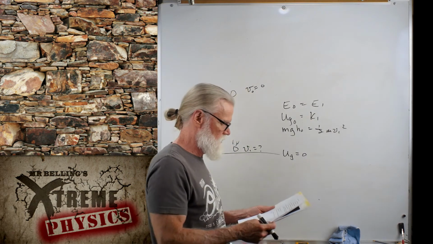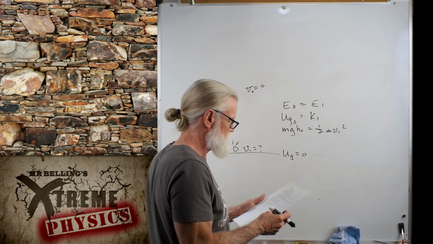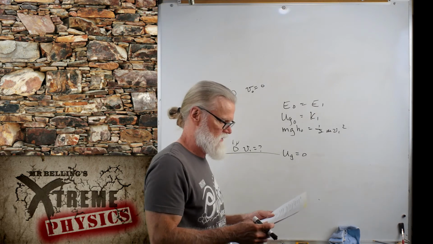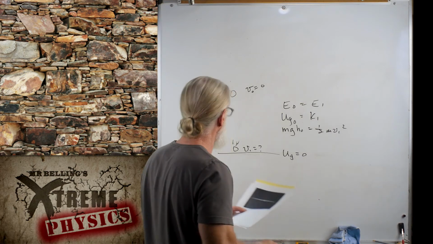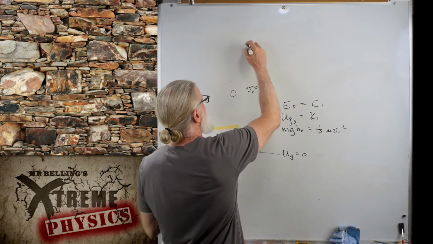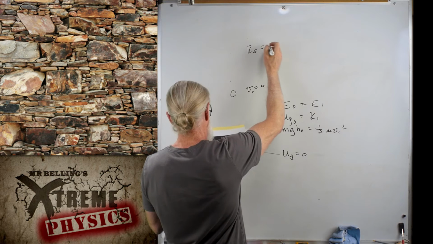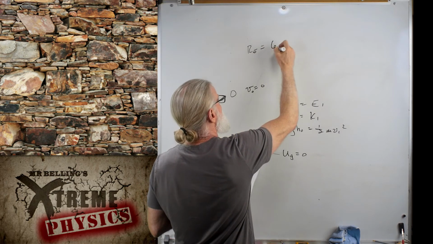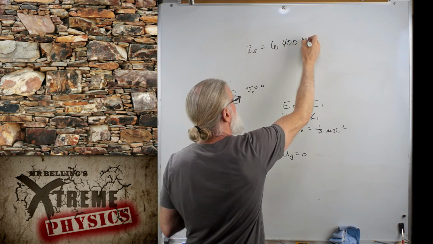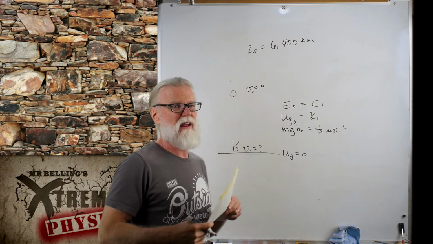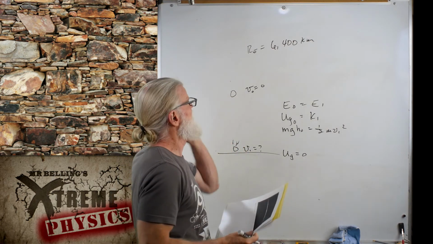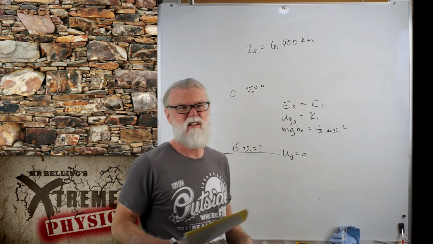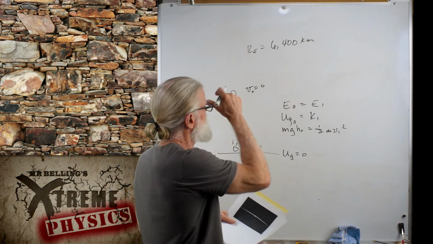We need to keep these numbers in context. The radius of the Earth is about 6,400 kilometers at the equator, so about 6 million meters.